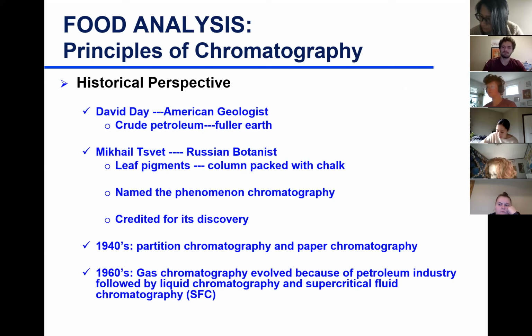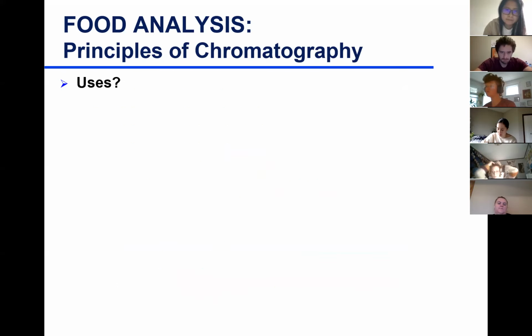Over the years, gas chromatography technology developed faster than HPLC, so it's a much more developed technology, but now HPLC, or liquid chromatography, is picking up really fast. After gas chromatography came liquid chromatography and then supercritical fluid chromatography, and we'll talk about all of those. So that's just a brief history of chromatography.